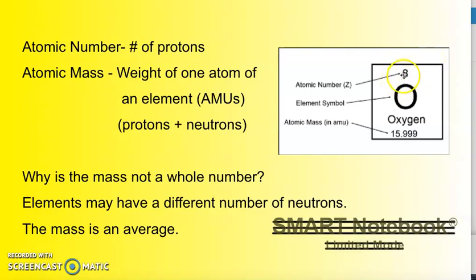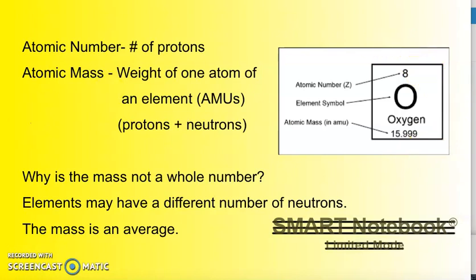The mass minus the atomic number is going to be the number of neutrons. In this case, it is almost 16 minus 8, which means 8 when you round it up.